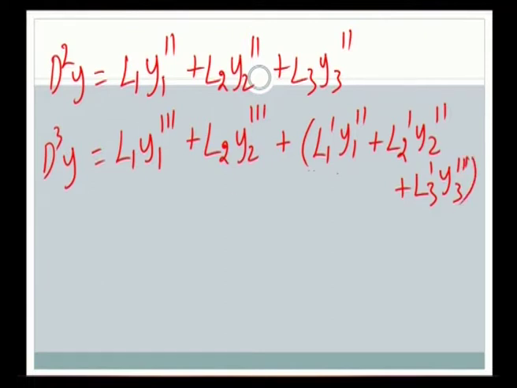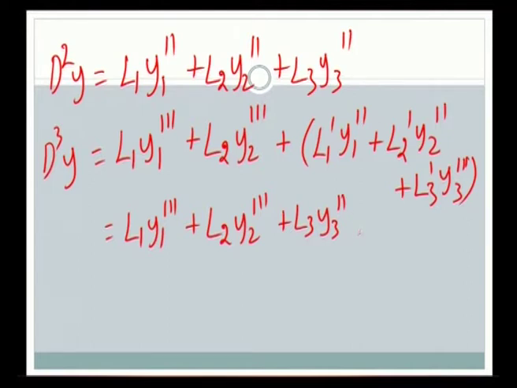This is the equation we obtain after differentiating this d square y. Again applying the condition, we get L1 y1 triple prime plus L2 y2 triple prime plus L3 y3 triple prime plus q.